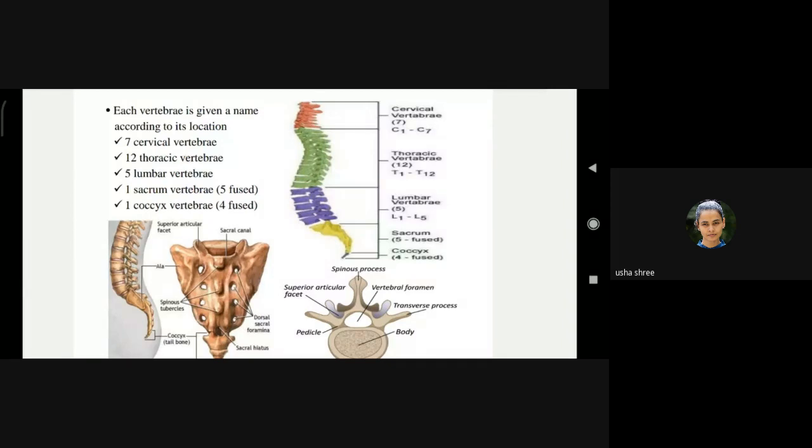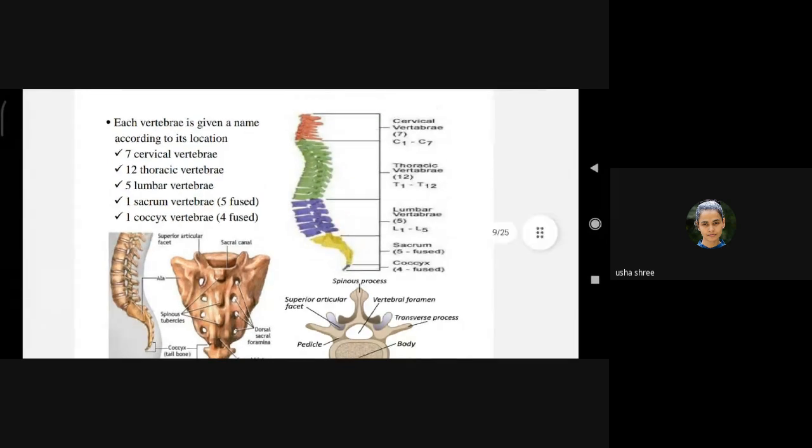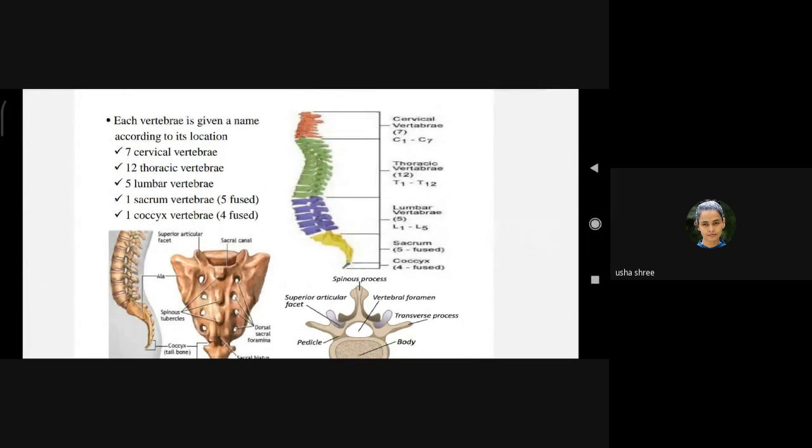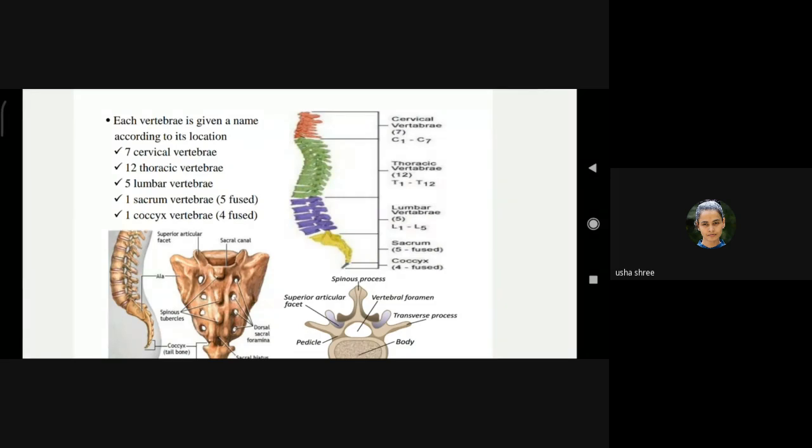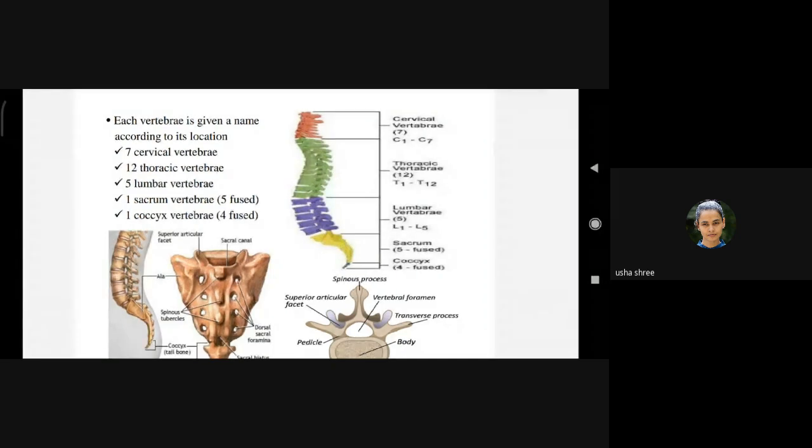So these 5 sacral vertebrae fuse into one sacrum. Just like sacrum, there is the coccyx region below sacrum, and the coccyx region consists of 4 vertebrae, but they are also fused into one coccyx.